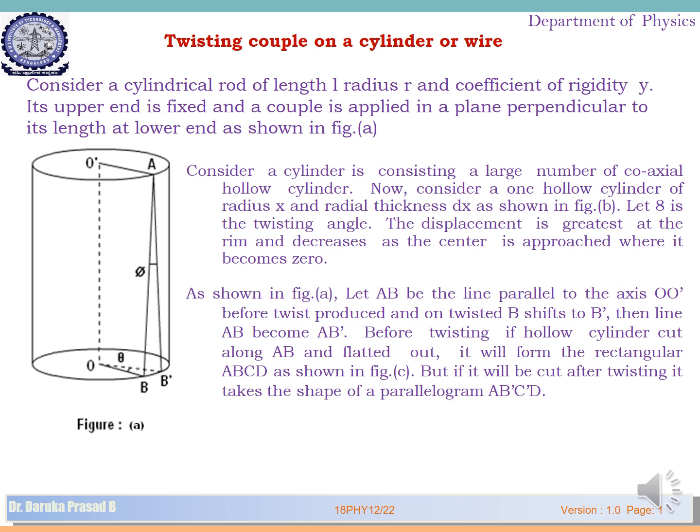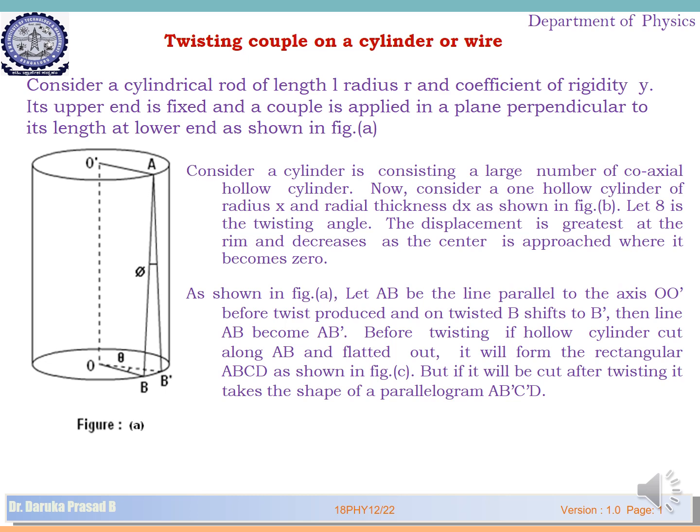That means B to B dash is the change, the twist of the point B with respect to the earlier position. Now you can join A with B and B dash, and you get one more triangle, that is ABB dash.